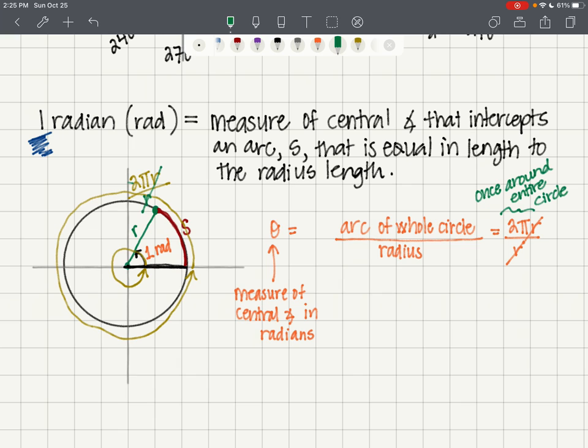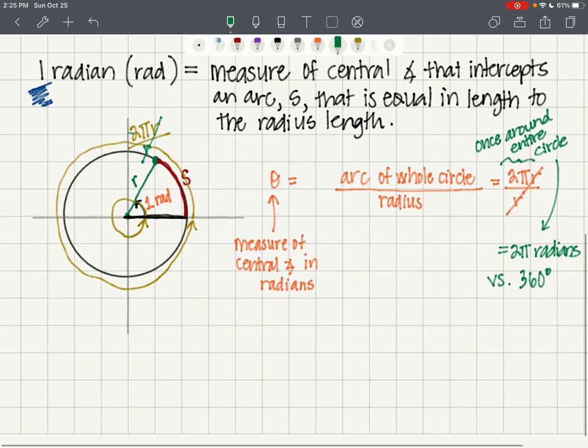So that would be the measure all the way around the circle, not in degrees, but in radians. So all the way around the circle is 2 pi radians. So once around the circle equals 2 pi radians. What's once around the circle in degrees? 360 degrees. Much easier. 2 pi radians versus 360 degrees.